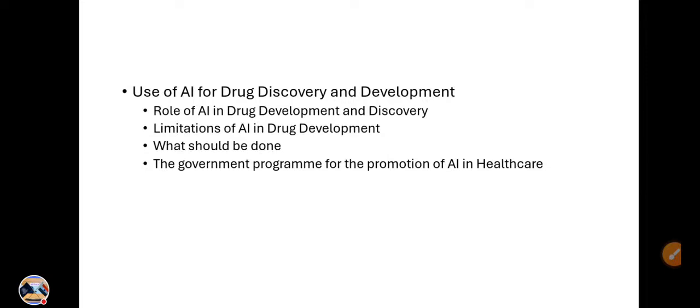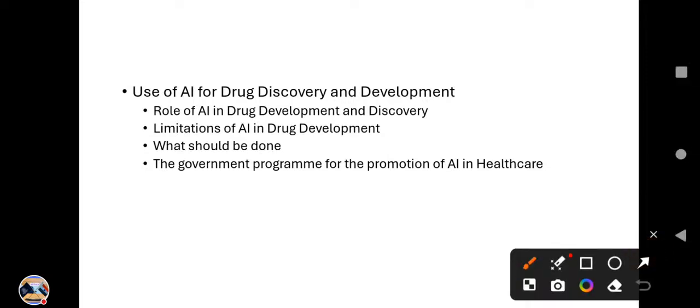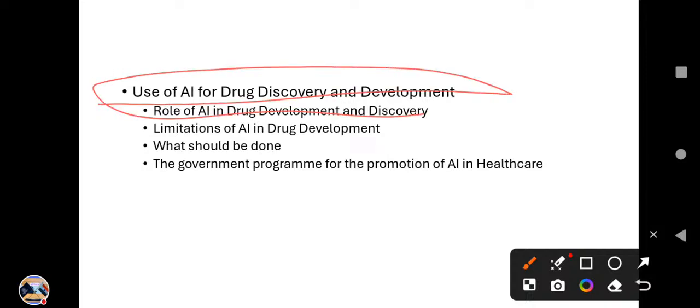So, let's start the new topic: the use of artificial intelligence for drug discovery and development.